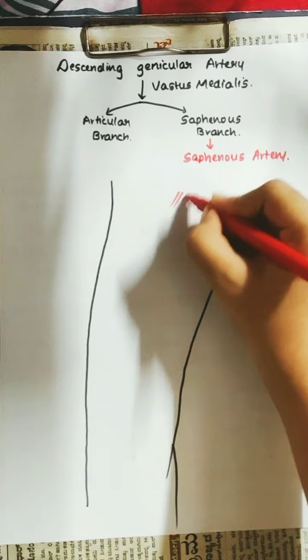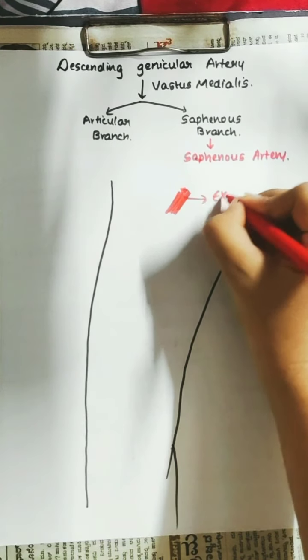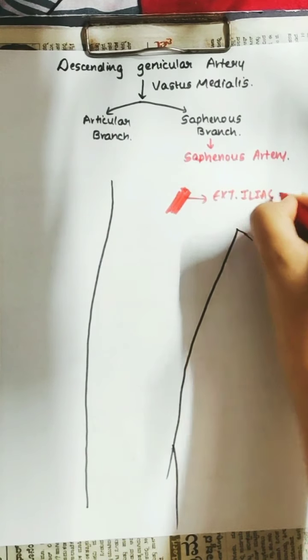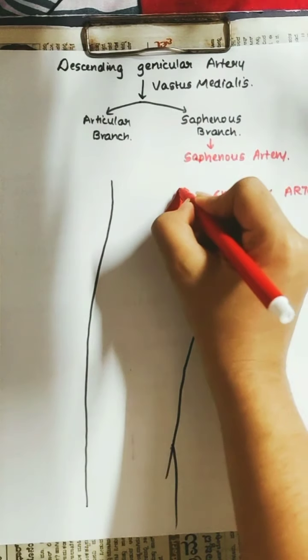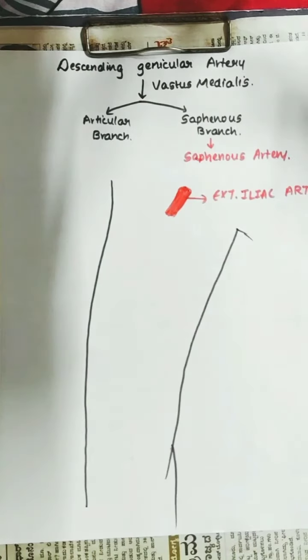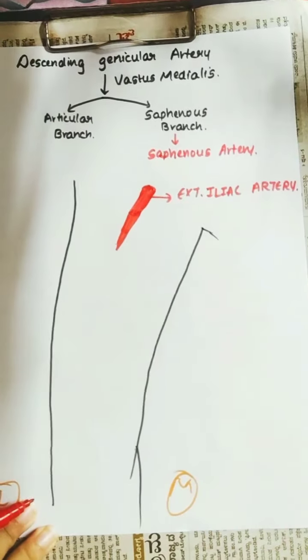First, there will be the external iliac artery. So there will be a main branch called the external iliac artery. On the medial side, this is medial as well as this is lateral side.